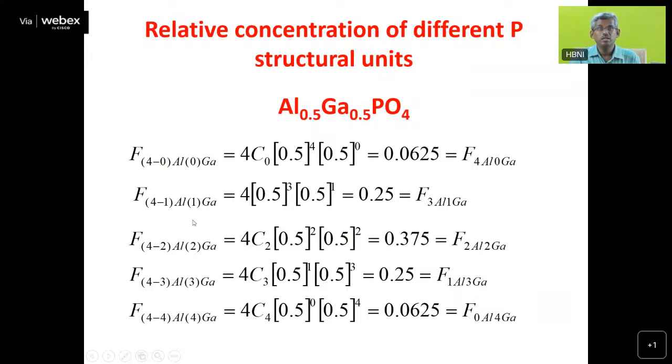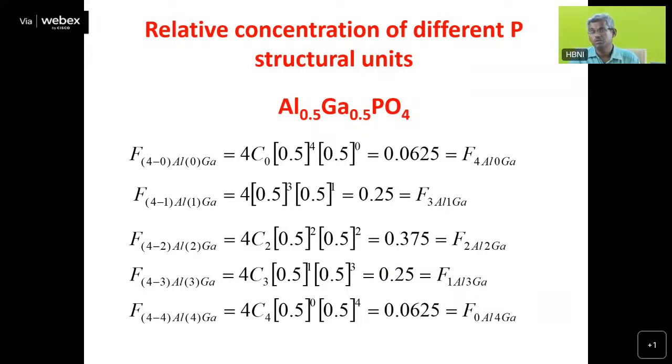Similarly, this I have calculated just now, and this you can calculate with 4 minus 2, which is nothing but the fraction of phosphorus structural unit with 2 aluminium and 2 gallium. If you substitute 4C2, you can easily calculate 4 into 3 divided by 2 into 1.